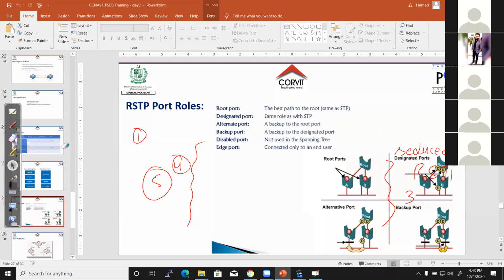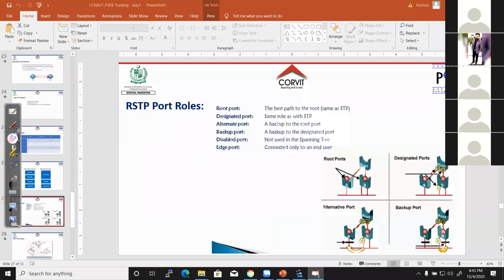And what does that mean, seamless transition? STP was taking 52 seconds in circumstances where, if this link is in the block state and this link in the forwarding state, and this link goes down, this link takes 52 seconds to come to the forwarding state.